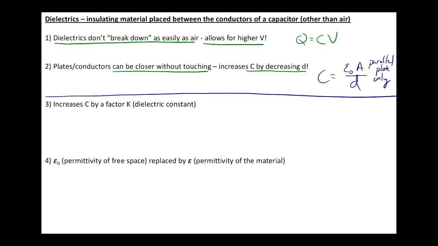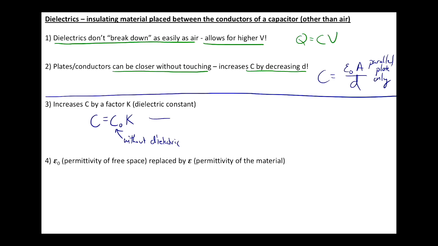Some work better at this than others. So what we're saying is that C is equal to C naught times K, where C naught is the capacitance without the dielectric. So take your original capacitor, put a dielectric in there, it multiplies the capacitance by K. End of story, okay? That's kind of nice. It's like the easiest thing we get to do all semester, I think, all right?